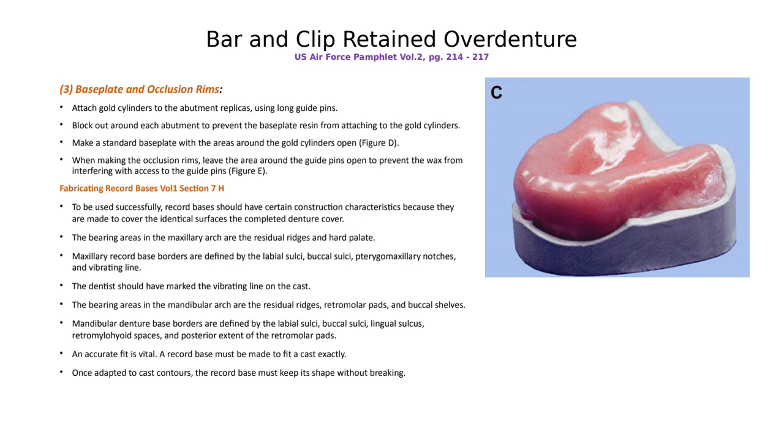To be used successfully, record bases should have certain construction characteristics because they are made to cover the identical surfaces as the completed denture. So in general, we have to make the occlusal rim to the same specifications as the occlusal rim for complete dentures.